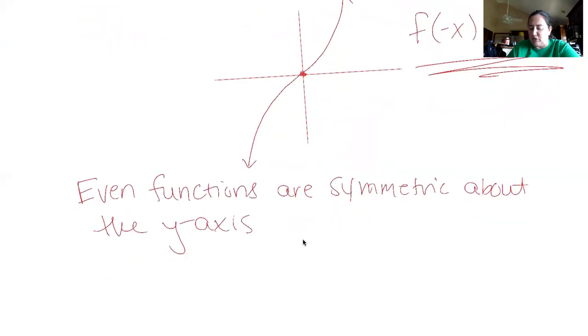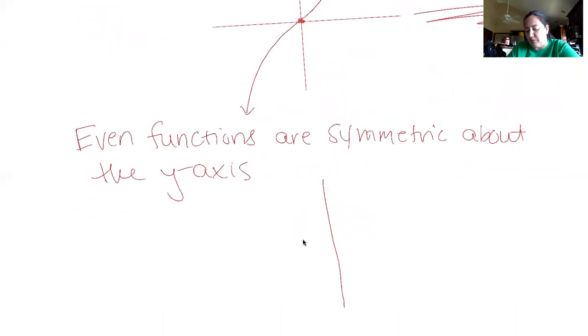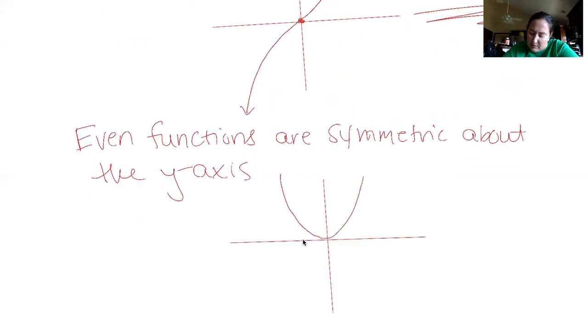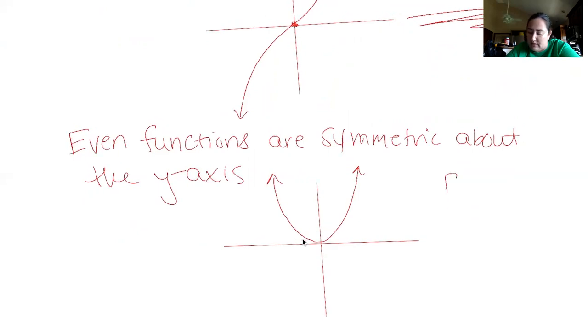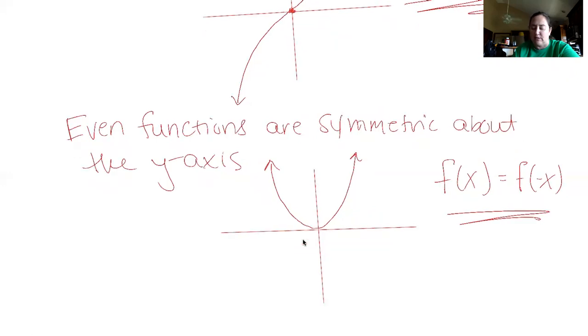When I say symmetric about the y-axis, if you just think of your basic quadratic function, that would be something that's symmetric about the y-axis. Now, with even functions, f of x has to equal f of negative x. So this always is true for every even function. And really that's everything in the first section.